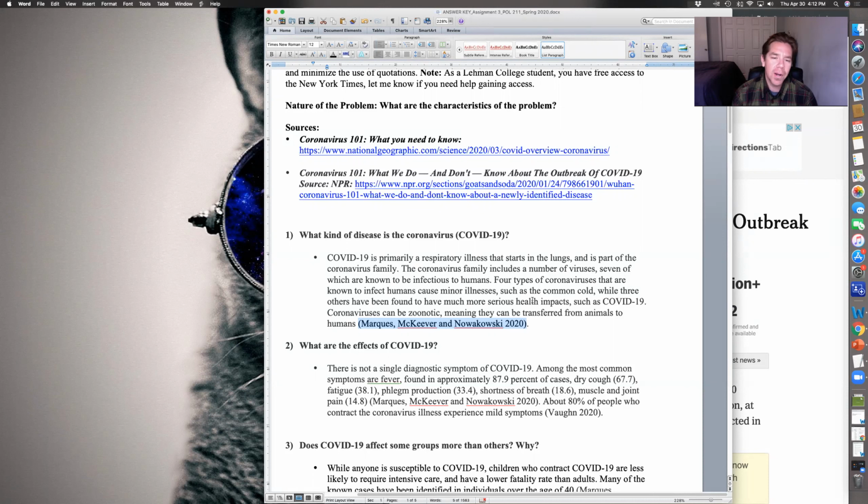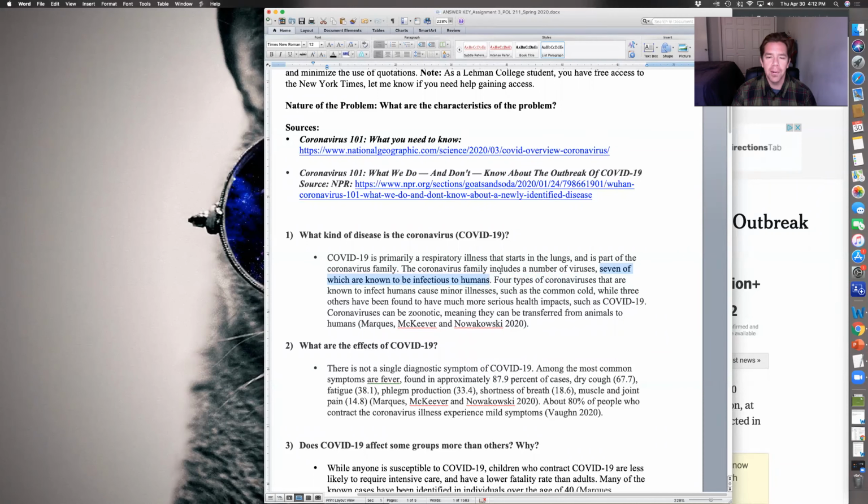What kind of disease is COVID-19? This is just practical information, and it's really important for problem analysis, defining a problem. What are we dealing with? The coronavirus is a respiratory illness that typically starts in the lungs, and it's part of the coronavirus family, which has many different types.